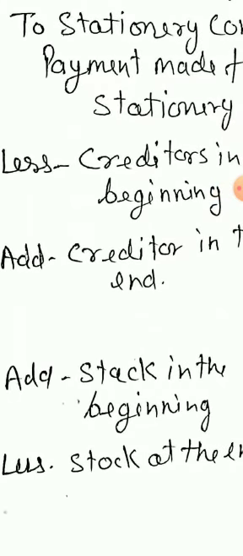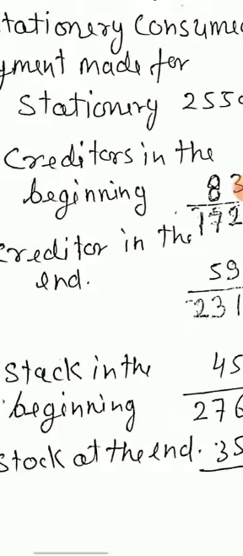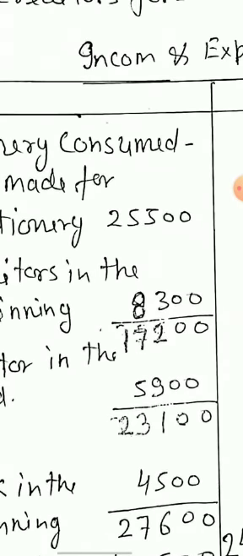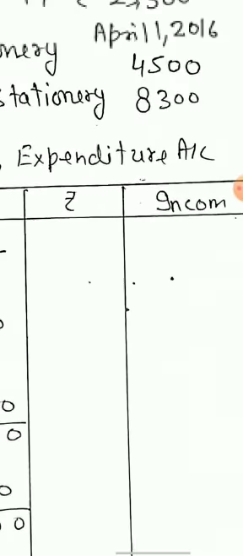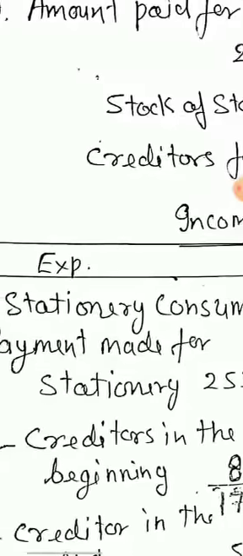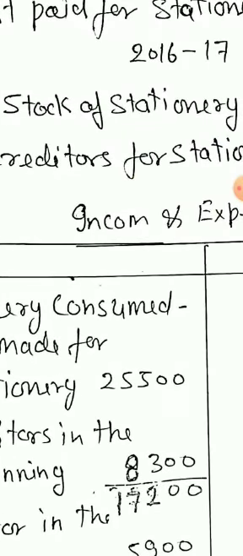Opening stock will be added, closing stock less, but for creditors it is just the opposite: opening is less and closing is added. We use this trick for calculating consumable goods. This is the way we present outstanding and prepaid adjustment and consumable goods in the income and expenditure account. Okay, thank you.